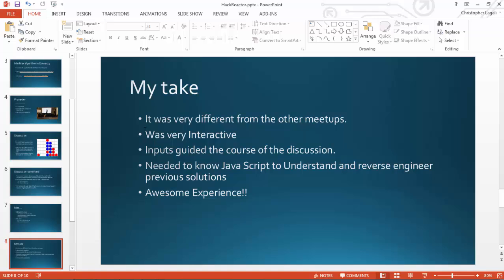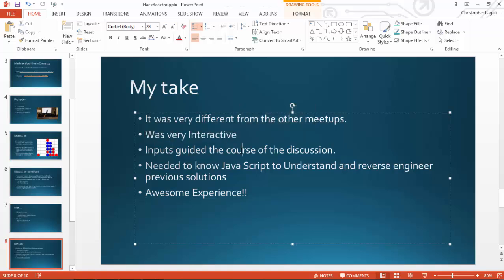This meetup was very different from the other meetups, because in the other meetups you would have somebody speaking to you, and you are gaining knowledge. But here, we had to give inputs to the entire discussion, and the discussion went as per the change in the inputs. So the audience was very much in the discussion.